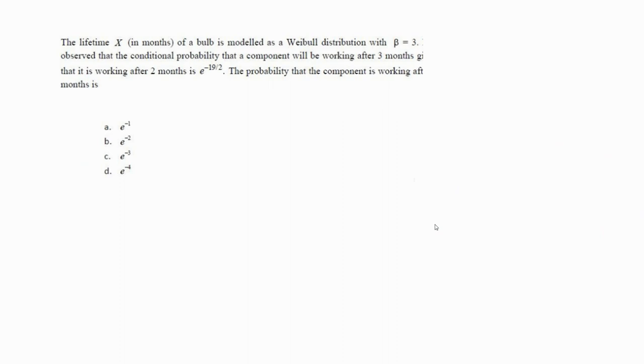the question we have here is that the lifetime X of a bulb is following the Weibull distribution. So let me just write the formula for the Weibull distribution. So X follows Weibull distribution with beta equal to 3.